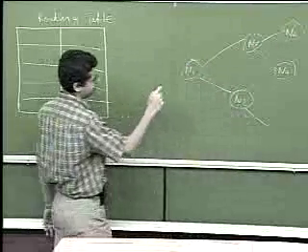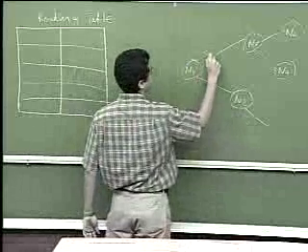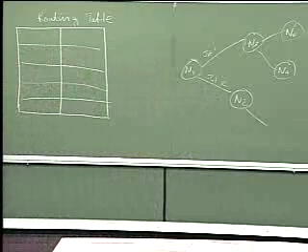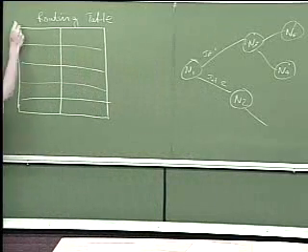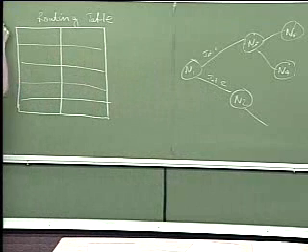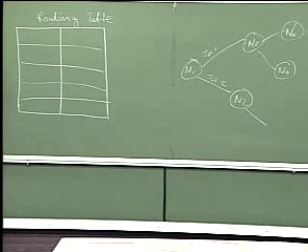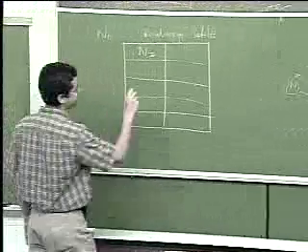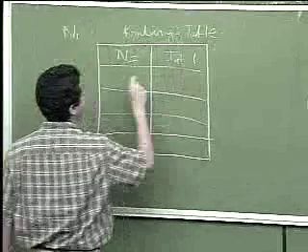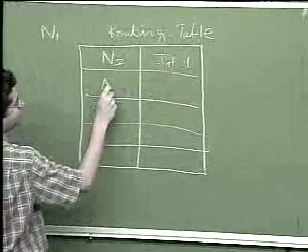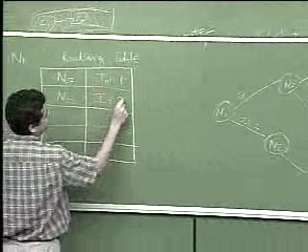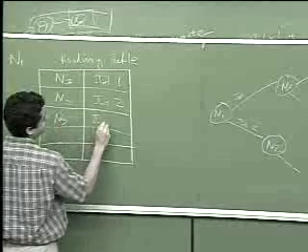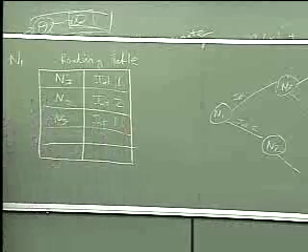Each node had different interfaces. So interface, let's say 1. If you are at node N1, your routing table would consist of entries like: if you want to go to node N3, you have to take interface 1. If you go to node N2, you take interface 2. N5 would be interface 1 and so on.